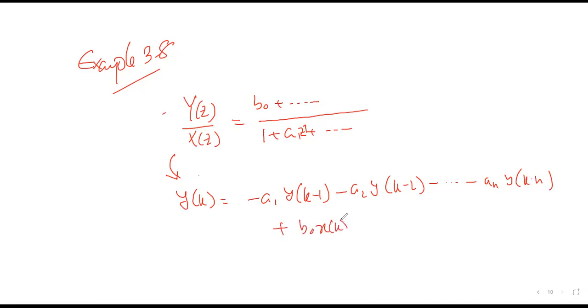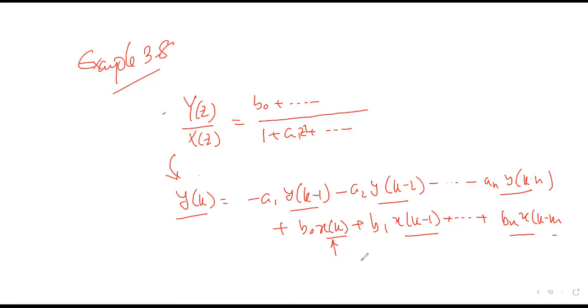This is present value of the input and also the past values x(k minus 1), and goes up to bm x(k minus m). So the present output is dependent on past outputs and present input and past input. So this is why it is also known as a recursive filter.